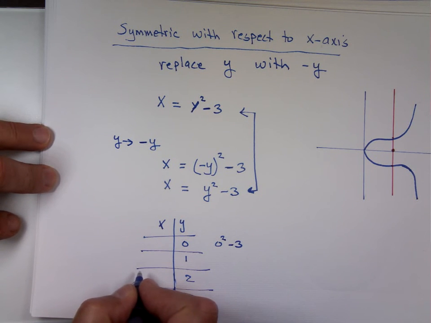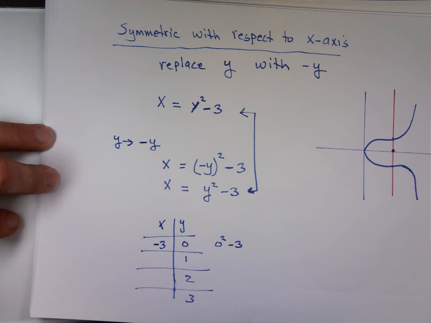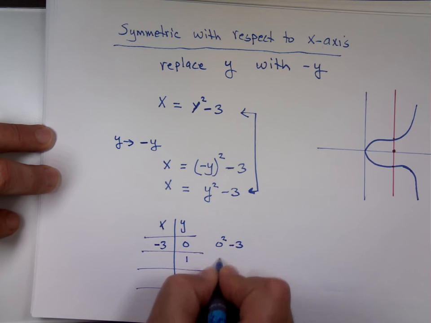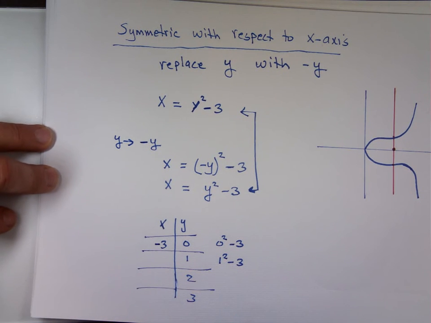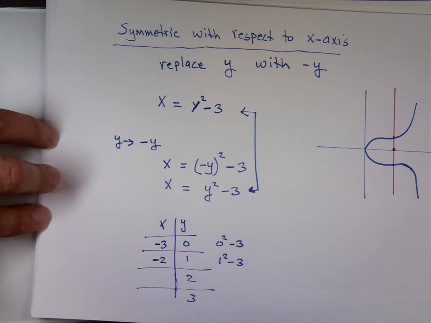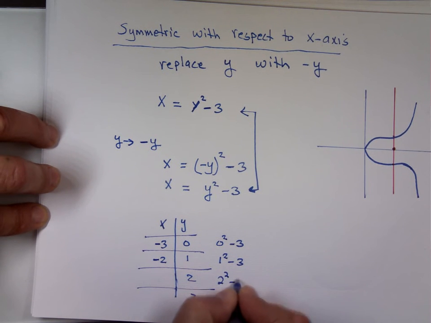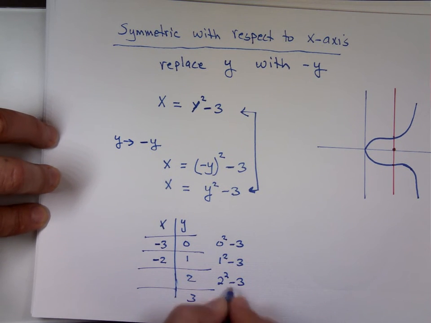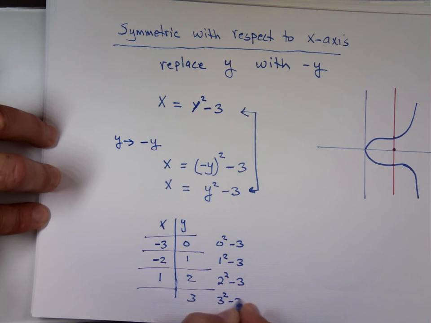So x is negative 3. When y is 1, 1 squared minus 3. What's 1 squared? 1. Minus 3 is what? Negative 2. 2 squared minus 3. 4 minus 3? 1. 3 squared minus 3. 9 minus 3? 6.